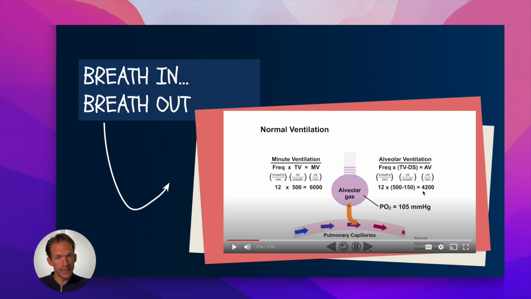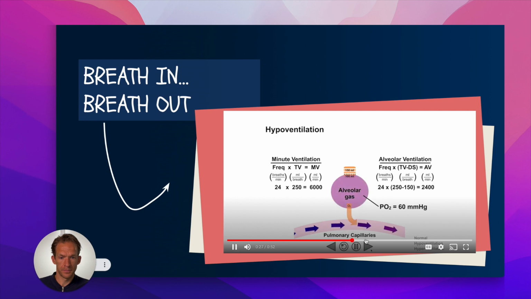I'm going to play it again, and then the numbers will change, so you will see how that will affect the minute ventilation. All right, so what you see here is a minute ventilation that is still 6,000 on the left-hand side, but that is now done with a higher frequency and a lower tidal volume.